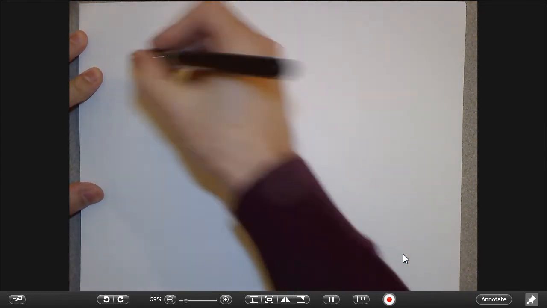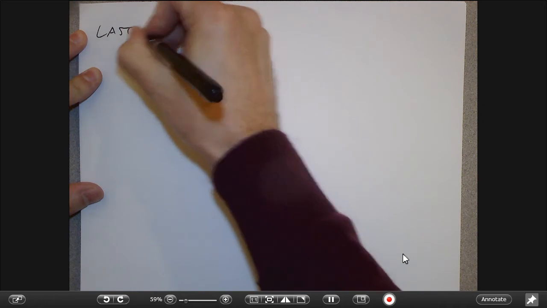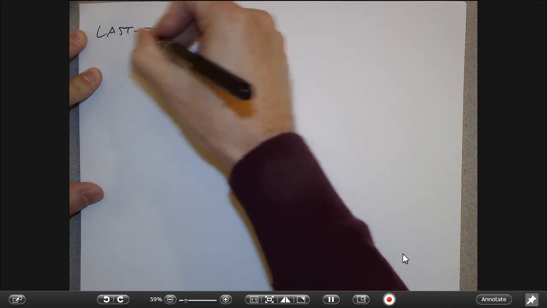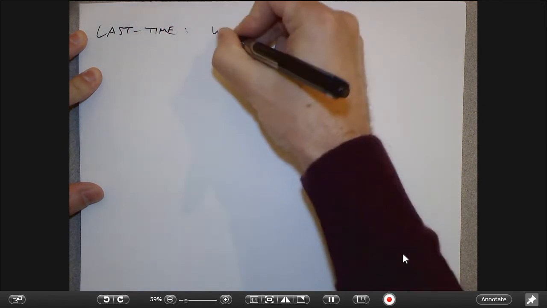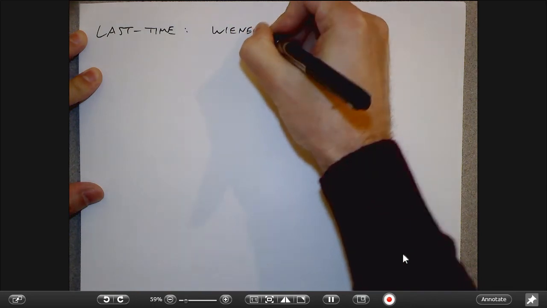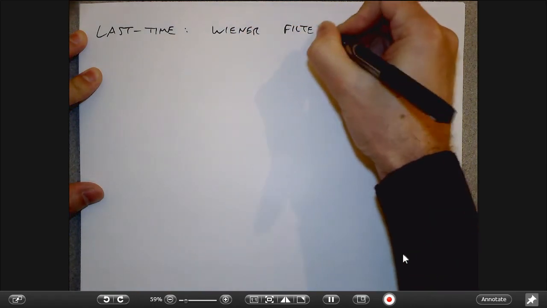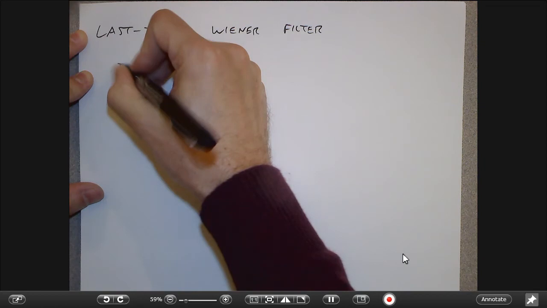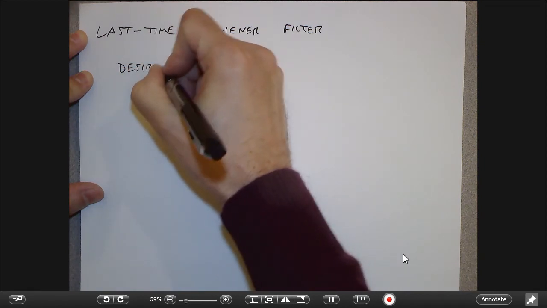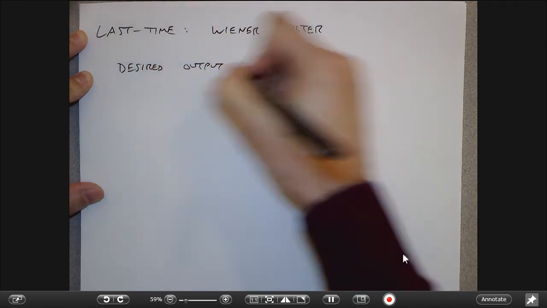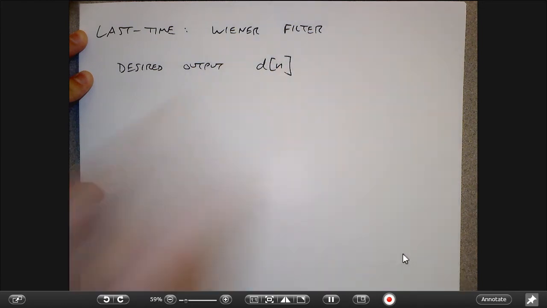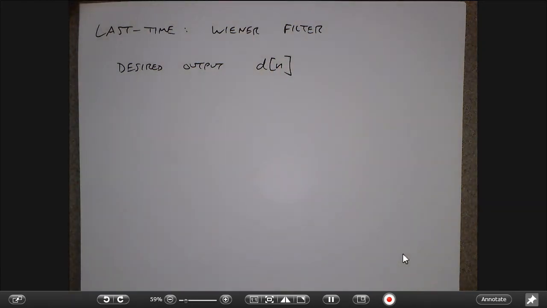And just to remember from last time, what we talked about was the Wiener filter. The way that worked was we had a desired output, d of n, which, as we discussed in the context of the Wiener filter, was usually some future or maybe previous value of the signal.